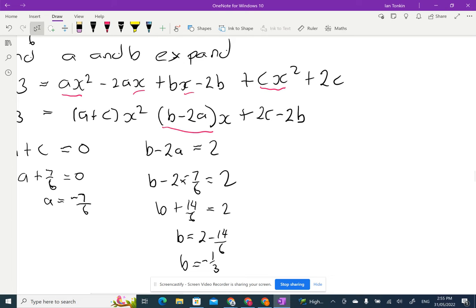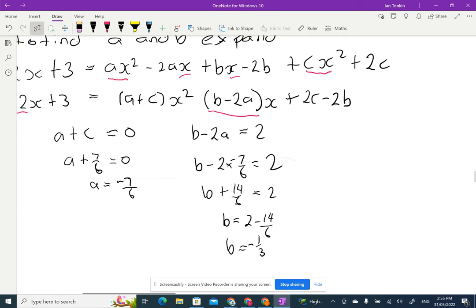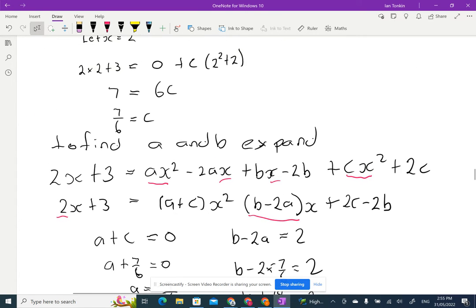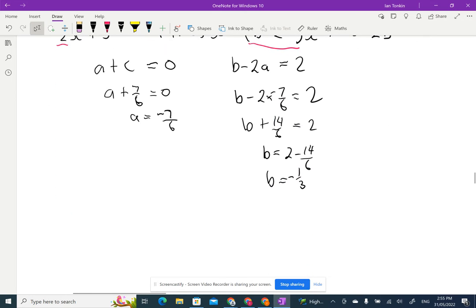Now, we've already got c. Remember, we got it back here when we substituted x equals 2. So now we know what we've got.